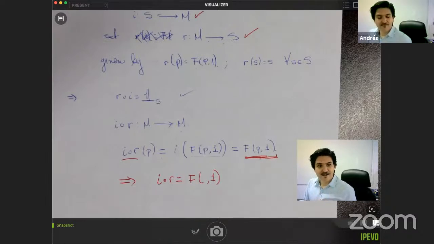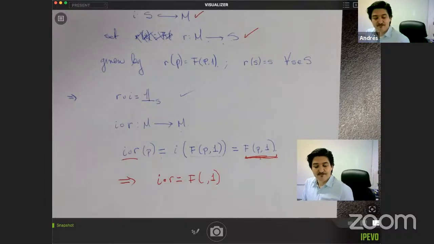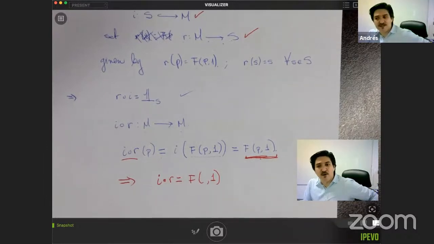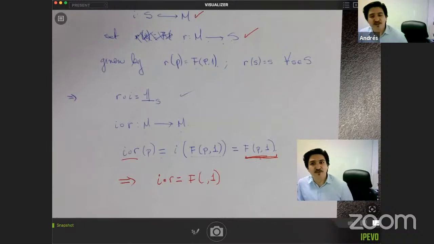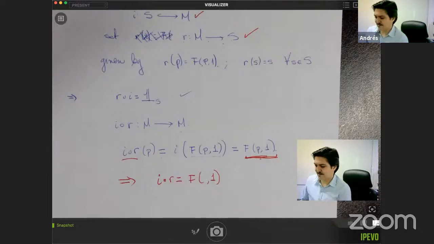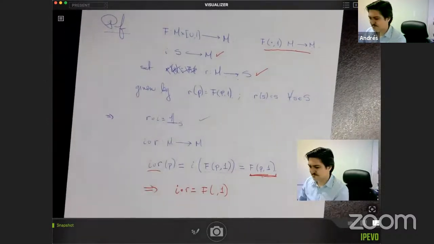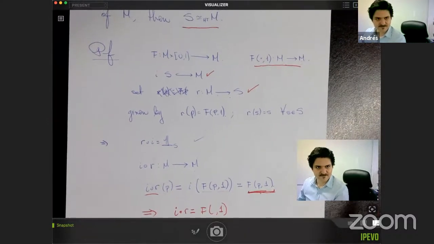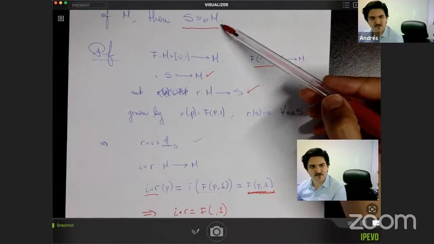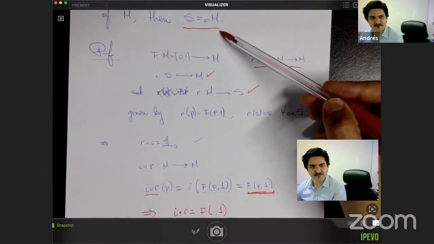Now, okay, we know what is the composition, but what I really want is for that map to be homotopic to the identity map on M, right? Because this is what we wanted to prove, after all.